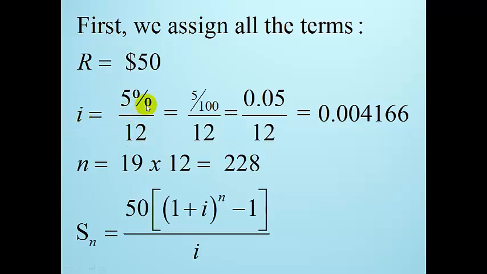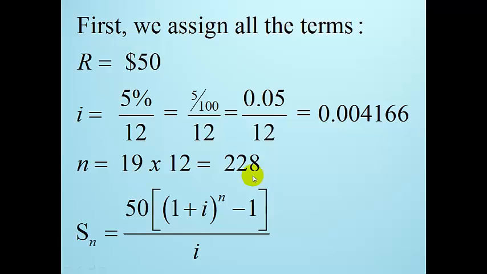So i equals 5% over 12, and 5% is 5 over 100, which is 0.05. So 0.05 divided by 12 is equal to 0.004166. Now n is the total number of months. So it's 19 years times 12 months, and this is equal to 228 months.